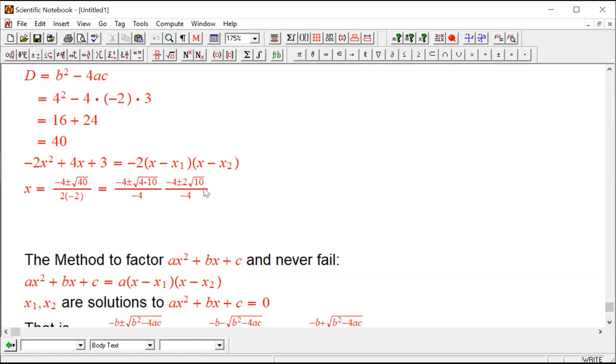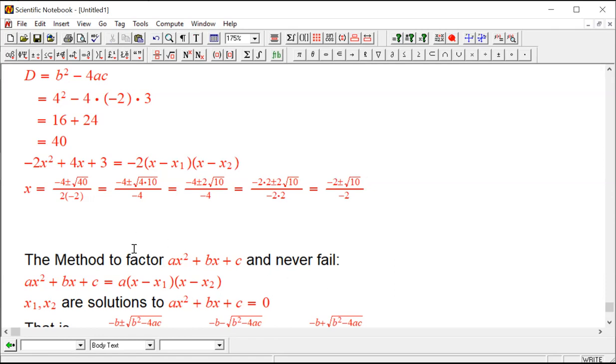You can reduce here because we have a 2 inside here, 2 inside here, and a 2 inside there. 4 is 2 times 2. So from each term, we take away a 2. The 2 is gone, this 2 is gone, and this 2 is gone. So this is simpler, isn't it?